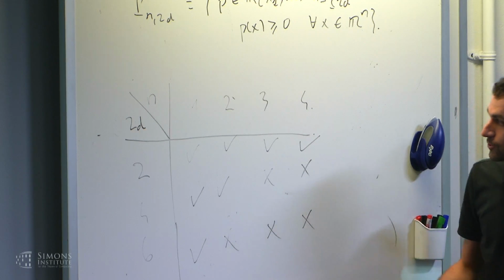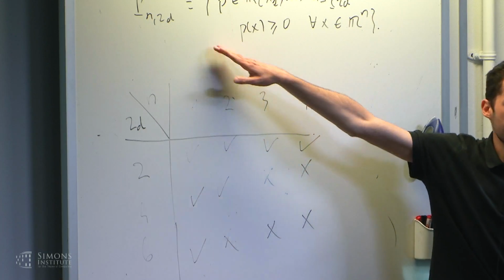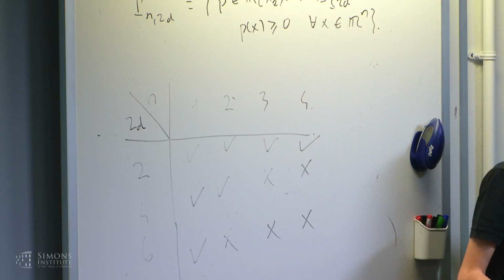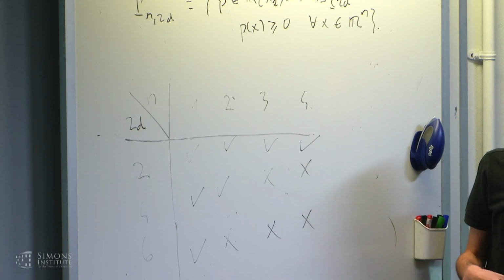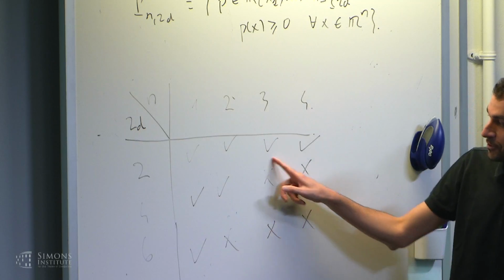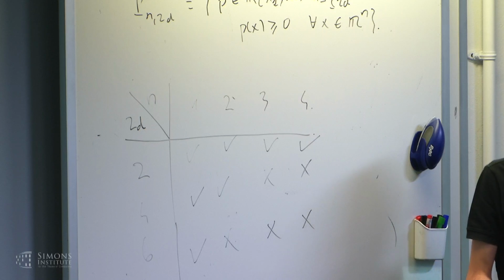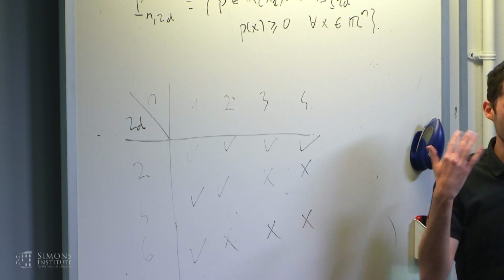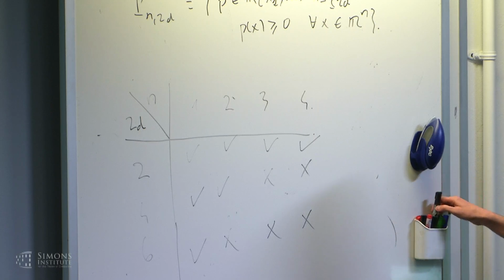In all these cases we know that this cone has a semi-definite representation, because polynomials that are sums of squares can be represented using SDPs. What Klaus showed is that in all these other cases, there is no hope of finding any semi-definite representation. No matter how clever you are, you cannot find one.